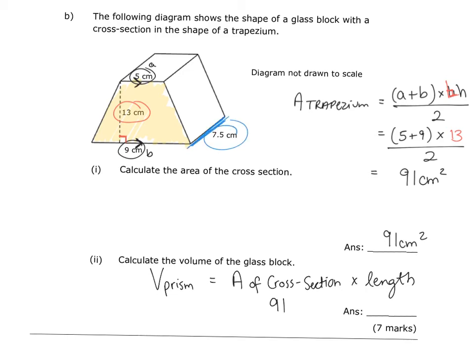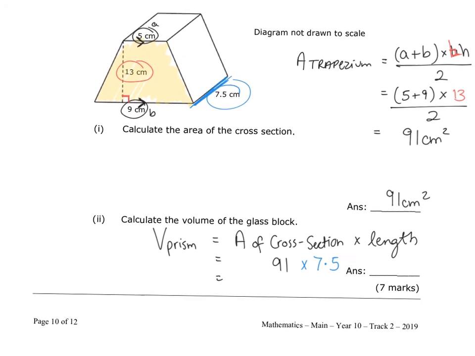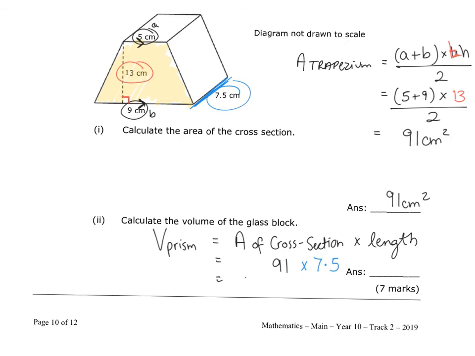That shape is 7.5 centimeters long. So 91 times 7.5, and the final answer is 682.5 centimeter cubed, because now we have the volume.